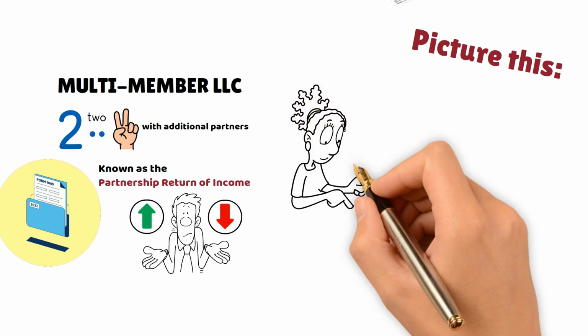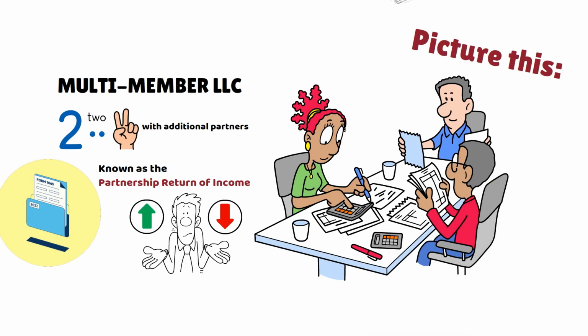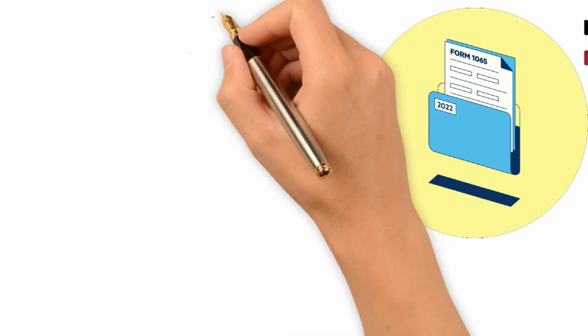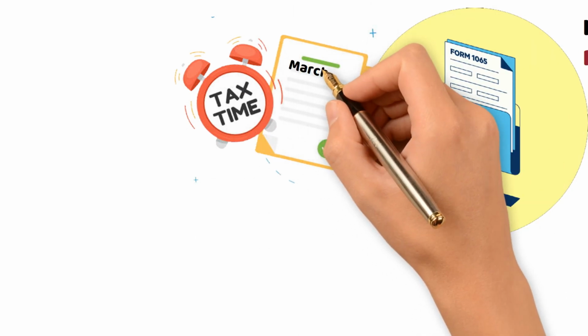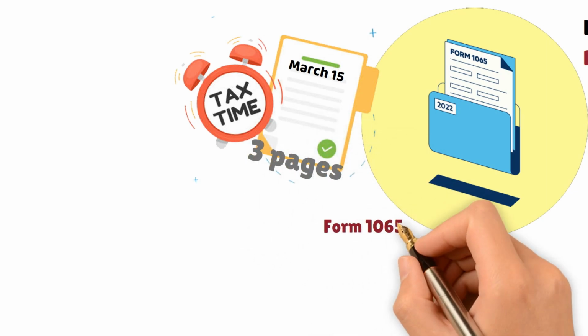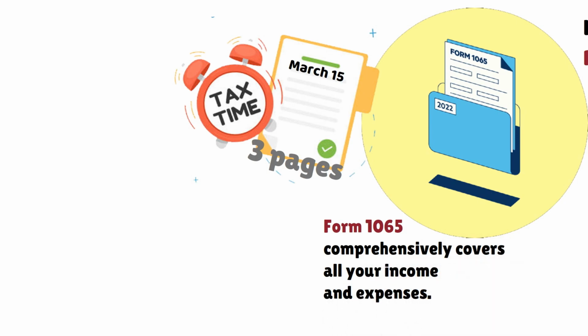Picture this, it allows you to divvy up profits among yourselves, somewhat like sharing the spoils. Now, this form, Form 1065, must be submitted by the standard business tax deadline, typically on March 15th, spanning about 3 pages. Form 1065 comprehensively covers all your income and expenses.